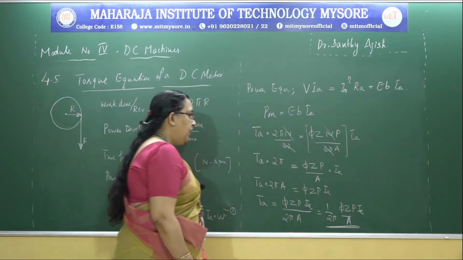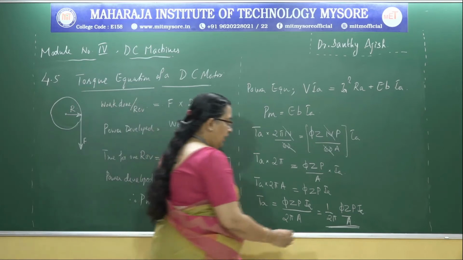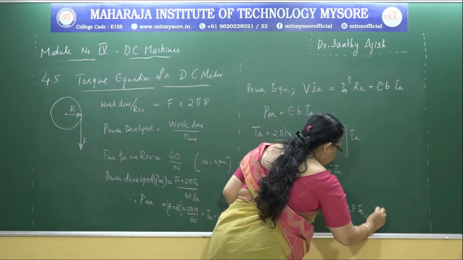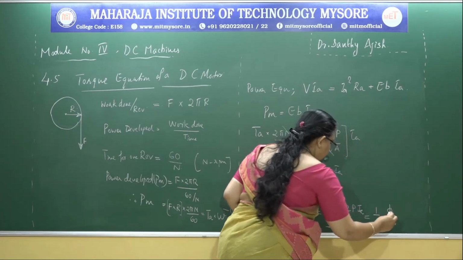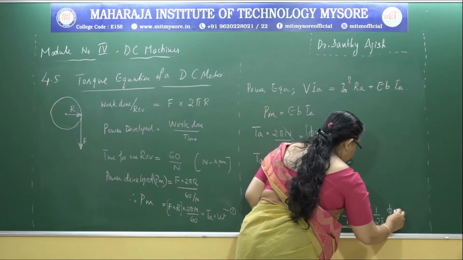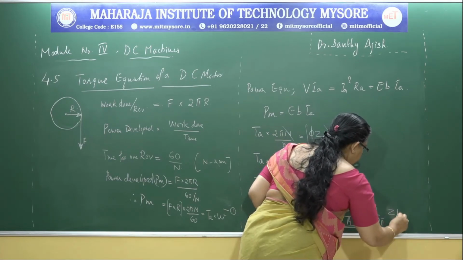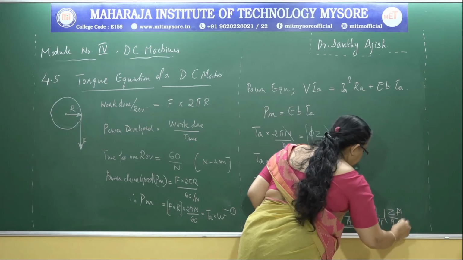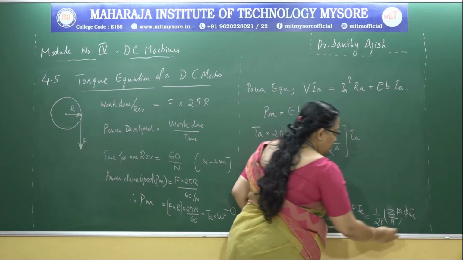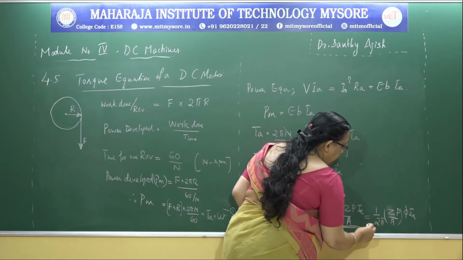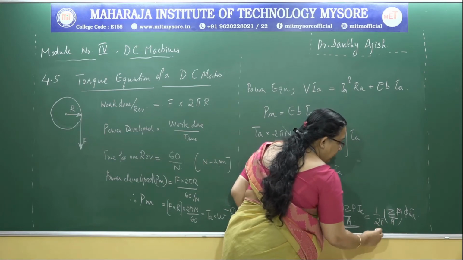So it is 1 by 2 pi phi Ia ZP by A. I can also rewrite this as 1 by 2 pi ZP by A into phi Ia. And even 1 by 2 pi can be rewritten as 0.159. That also can be done.